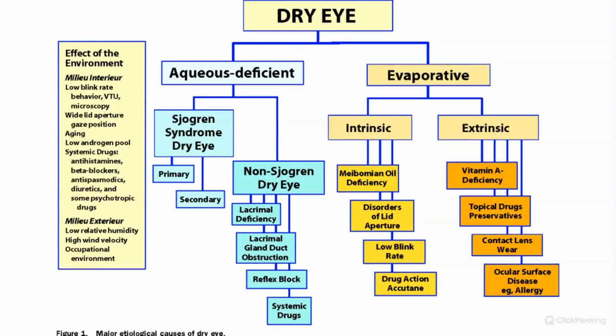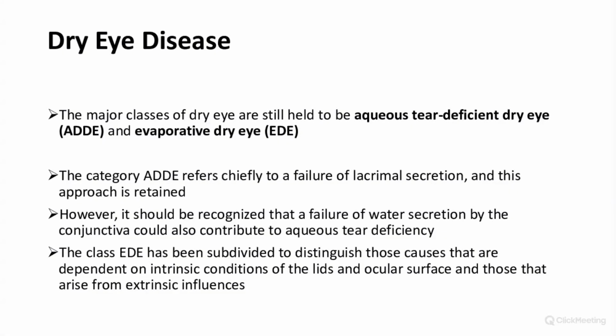I can show this first slide a bit, but it's actually the same. Just keep in mind that if you read something about dry eyes, somebody can use terminology like aqueous tear-deficient dry eye, ADDE, and evaporative dry eye, EDE. I hope somebody heard about this.